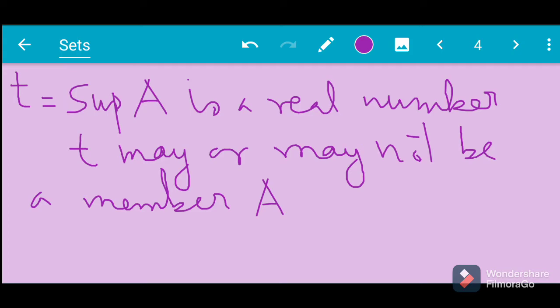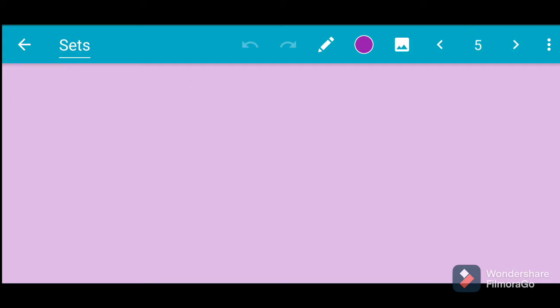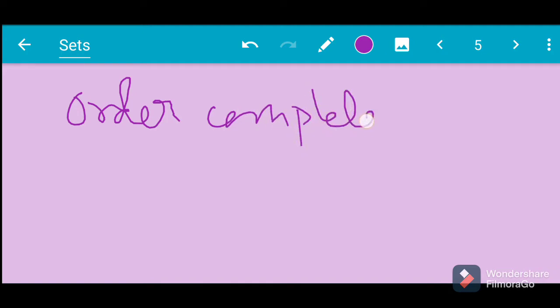Now, what is a supremum? There is a property of real numbers, that is the order completeness property.